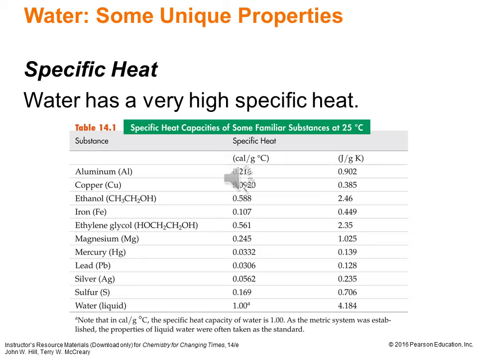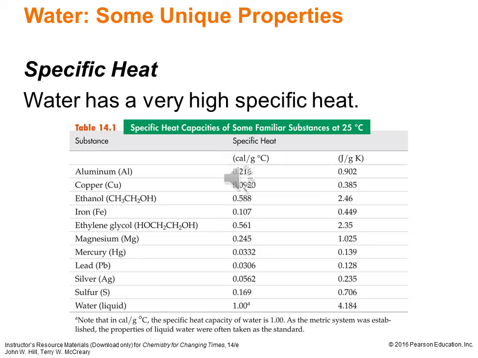The Kelvin unit is the same magnitude as the Celsius unit for a change in temperature, but obviously the absolute Kelvin scale and the Celsius temperature scale are not equal. They're offset by that 273 value. So looking at aluminum or copper, they're very, very small values compared to water. Really nothing on the graph approaches water even.